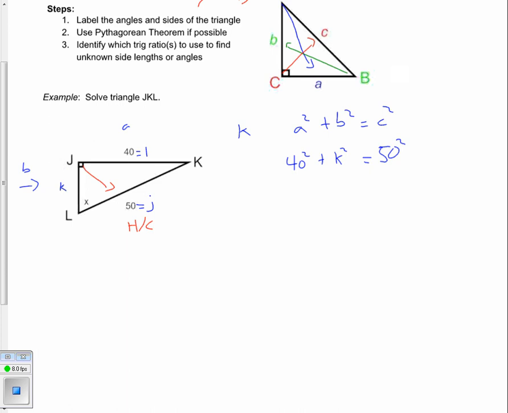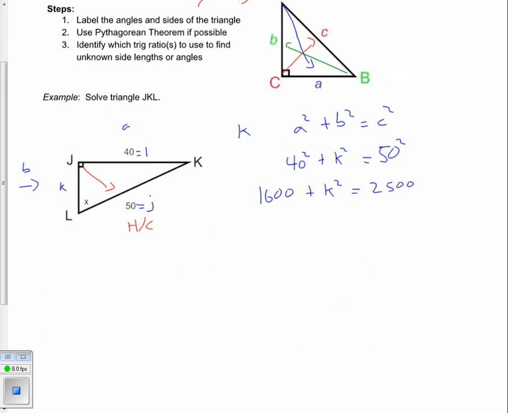So I need to get k squared all by itself. I want to simplify what I can, so I'm going to do 40 squared. So 40 squared is 1600 plus k squared is equal to 50 squared, which is 2500.